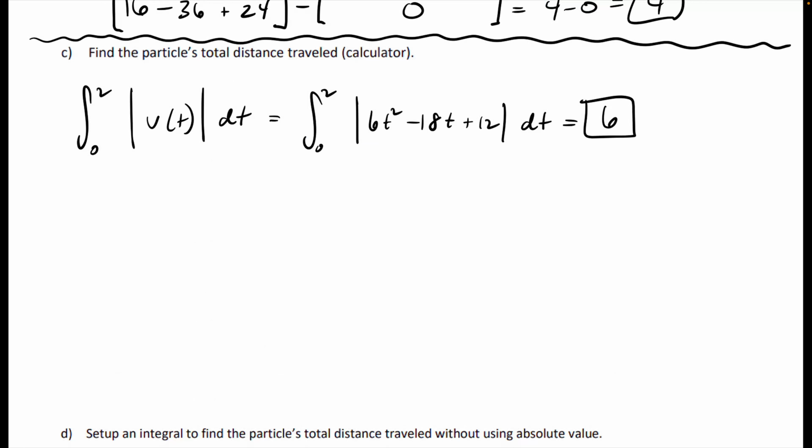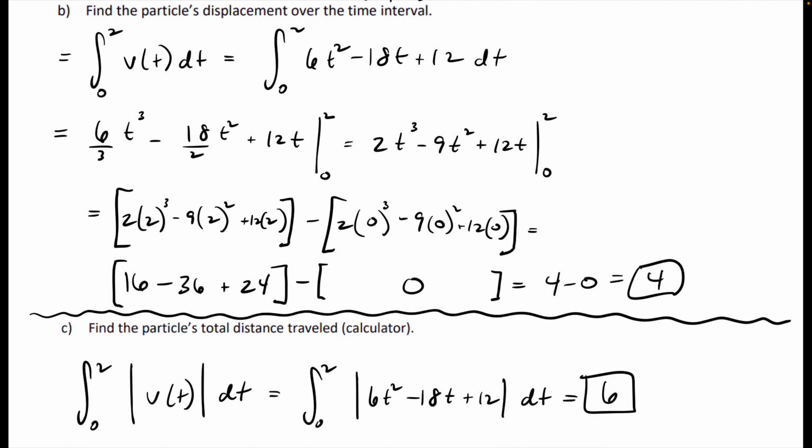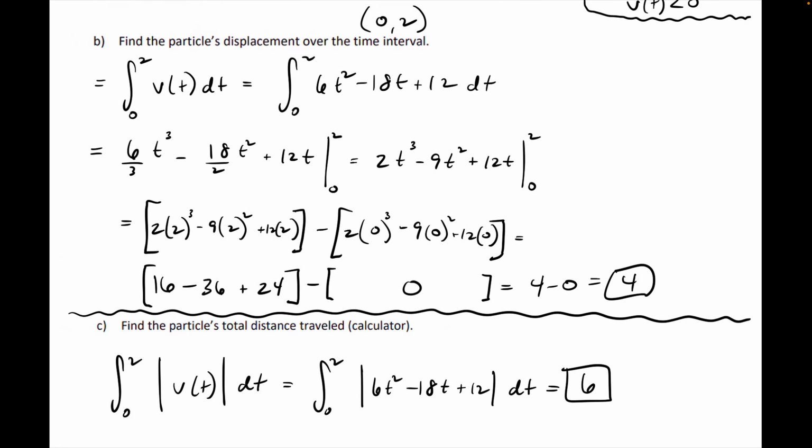So I have a question. What does it tell you when total distance and displacement are different? What kind of insight does it tell you? Displacement was 4. Total distance was 6. What does that tell you?